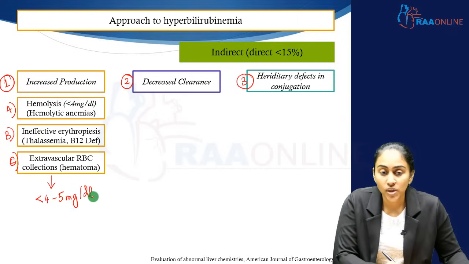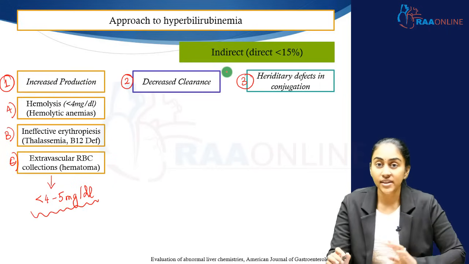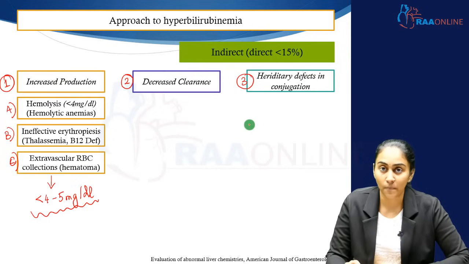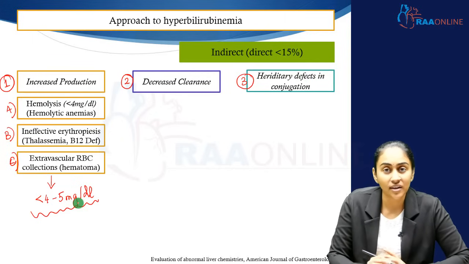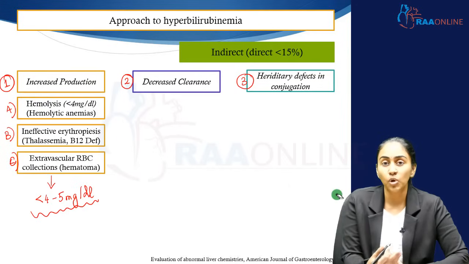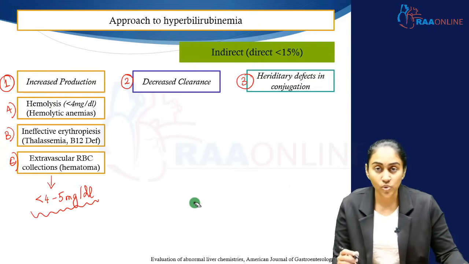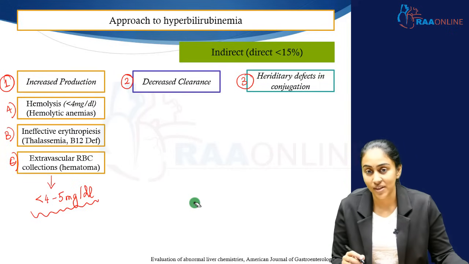So, in a patient with much higher isolated indirect hyperbilirubinemia, that means the liver has been compromised. As long as the liver is intact, whenever there is either a hemolytic process or ineffective erythropoiesis, the level of bilirubin is usually less than 4 to 5 mg per deciliter.